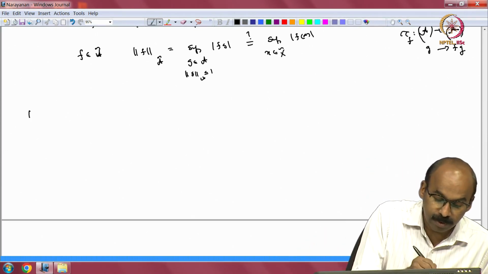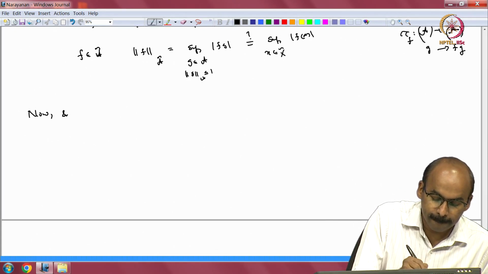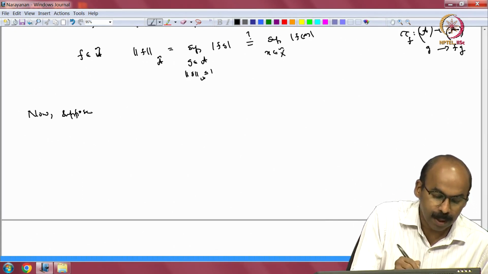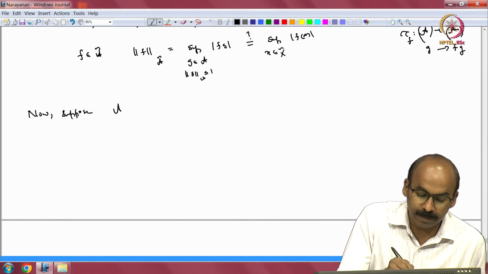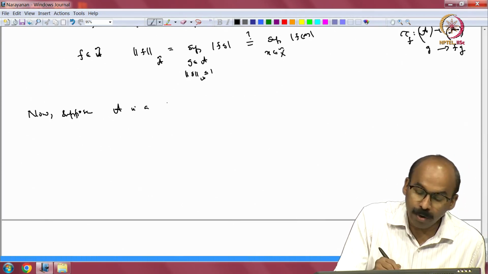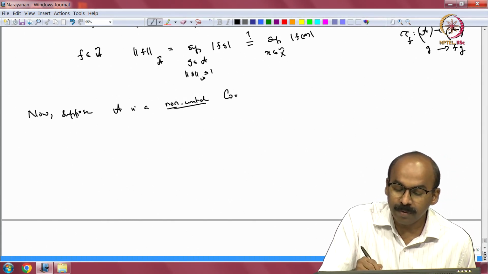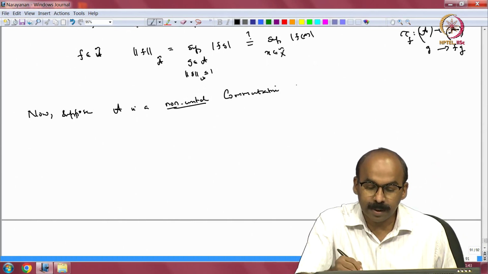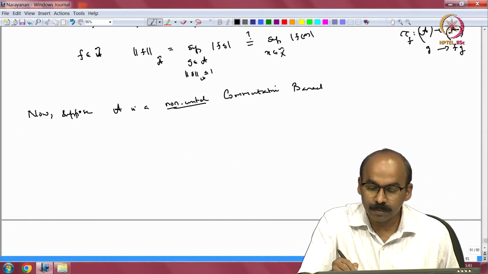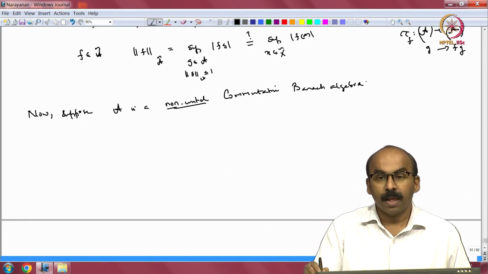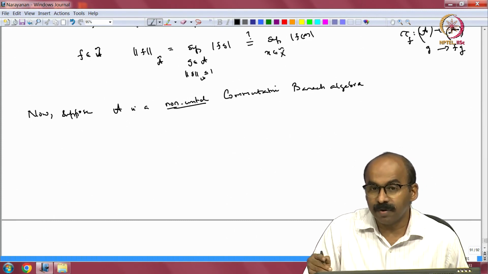Okay. So, now we can try to develop the Gelfand theorem. So, now suppose A is a non-unital commutative Banach algebra. I want to define the spectrum of A and try to see what the Gelfand transform is.